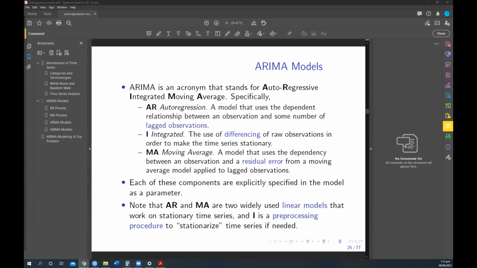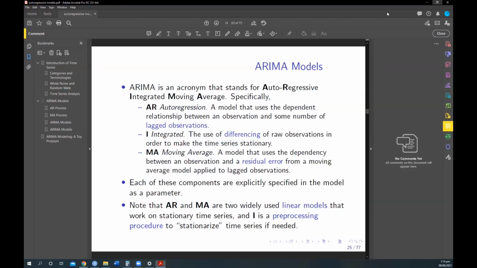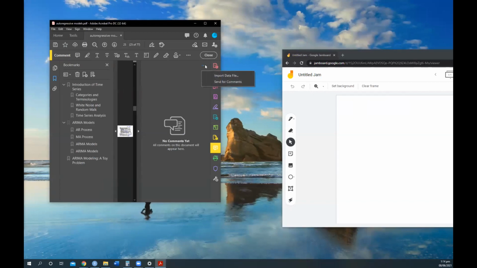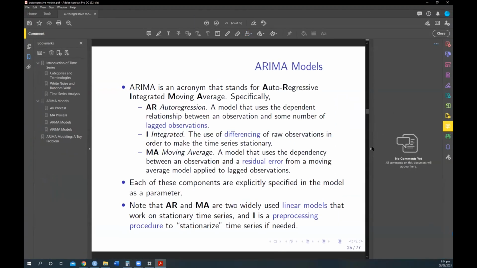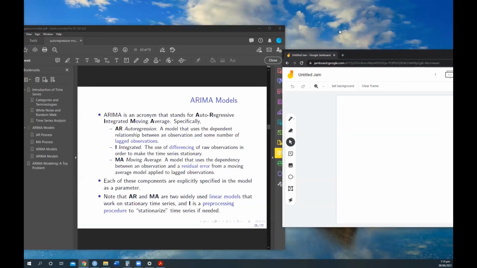Maybe I can just open a Jamboard. Okay, lagay ko na lang dito para makita ninyo. Okay, so I hope you can see this.